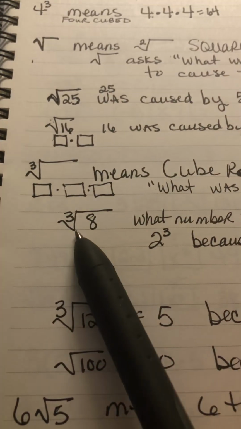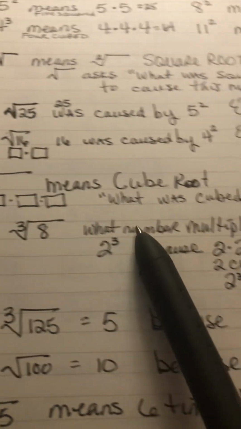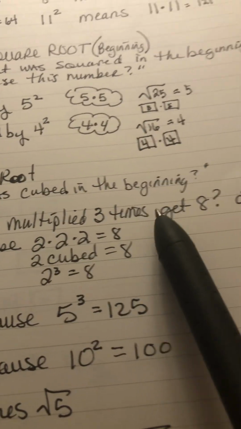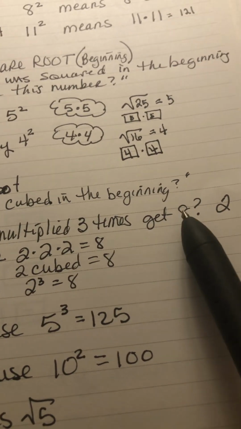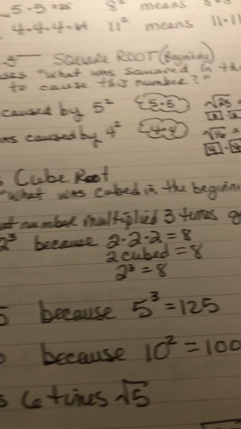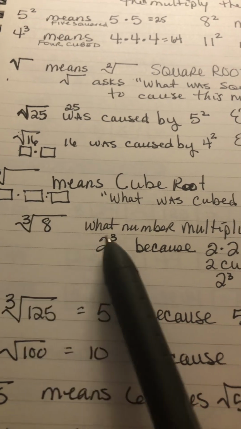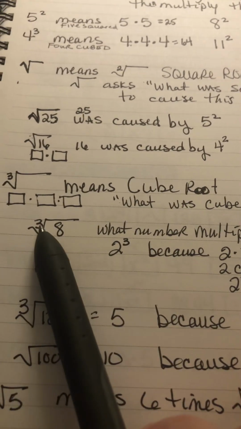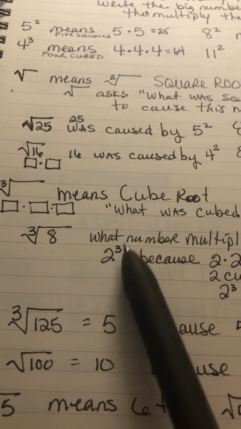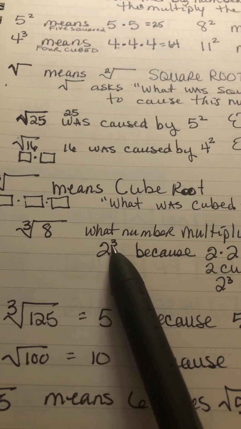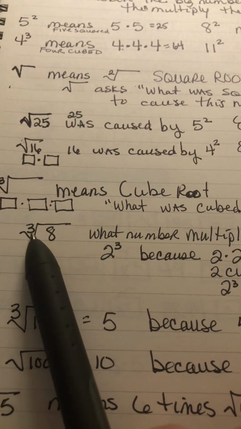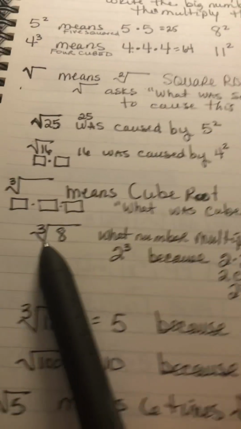So the cube root of 8, what number multiplied 3 times gets to 8? Well, the number 2 does, because 2 cubed, see it's got that exponent. On here it's called an index, but when you write it on the number it's called an exponent, because this is undoing exponents. This is working it backwards.